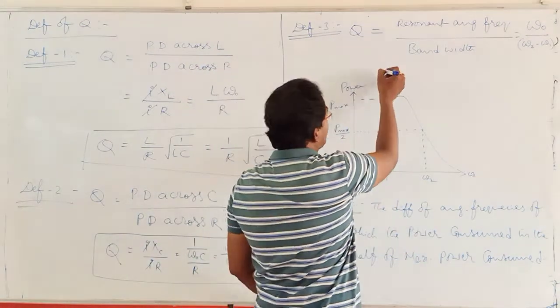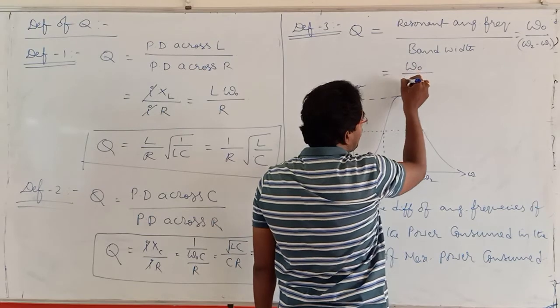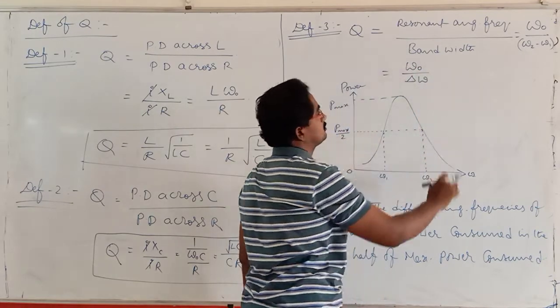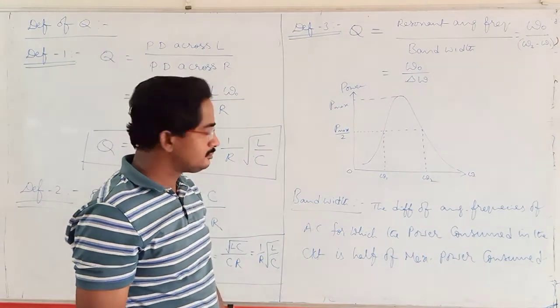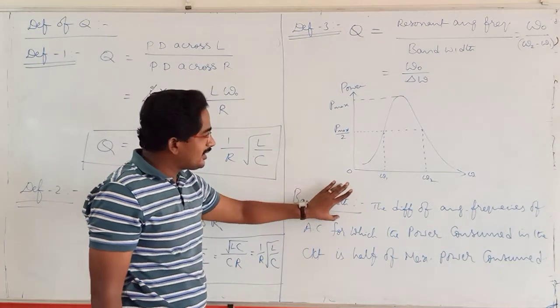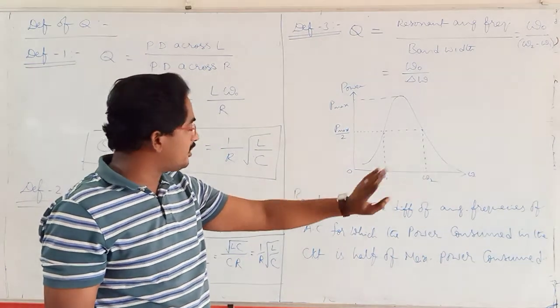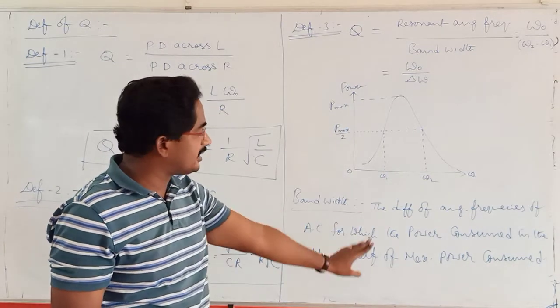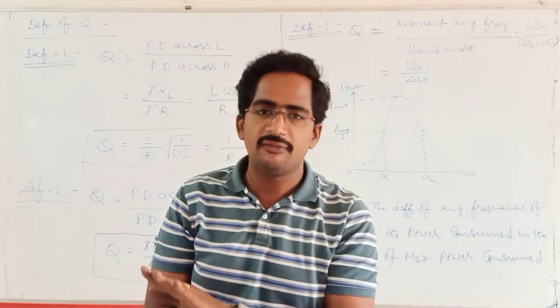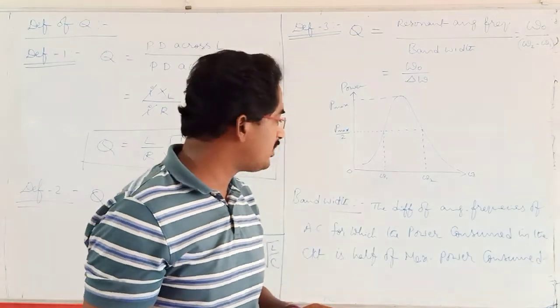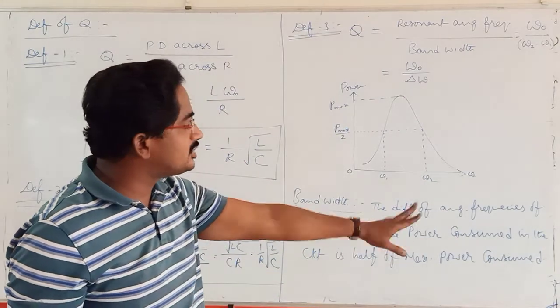Now we can also write it as omega naught by delta omega. Bandwidth means the difference of angular frequencies of AC for which the power consumed in the circuit equals half of the maximum power consumed.